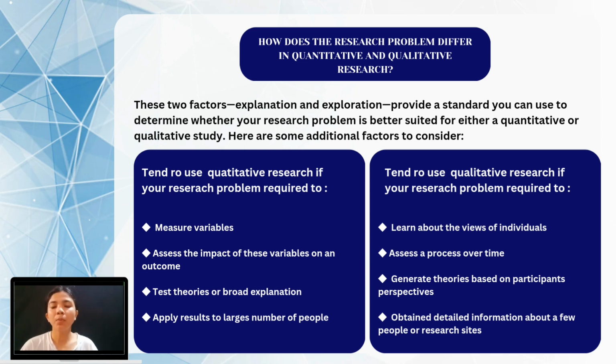Tend to use quantitative research if your research problem requires you to measure variables, assess the impact of these variables on an outcome, test theories or broad explanations, apply results to a large number of people. Tend to use qualitative research if your research problem requires you to learn about the views of individuals, assess a process over time, generate theories based on participants' perspectives, obtain detailed information about a few people or research sites.